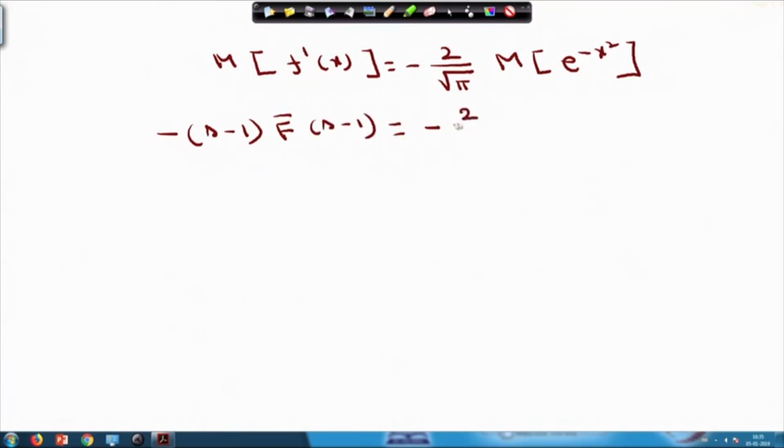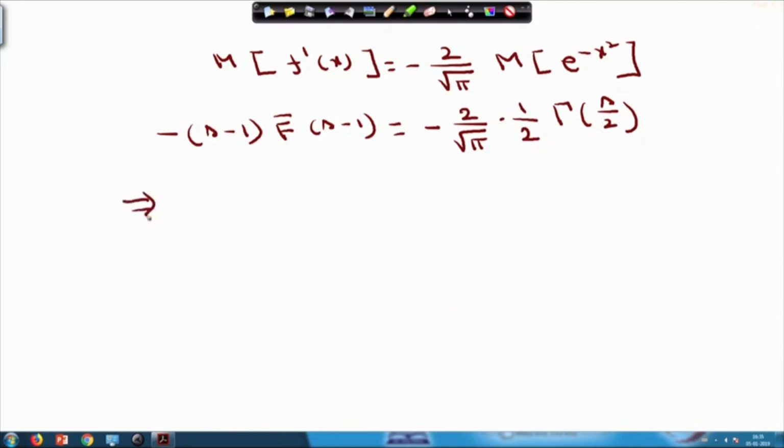So, this equals minus 2 by root pi Mellin transform of e power minus x square, which will be half into gamma of s by 2, because Mellin transform of e power minus a x square is half into a to the power minus s by 2 into gamma of s by 2, and a is 1. So, Mellin transform of e power minus x square will be equal to half into gamma of s by 2.